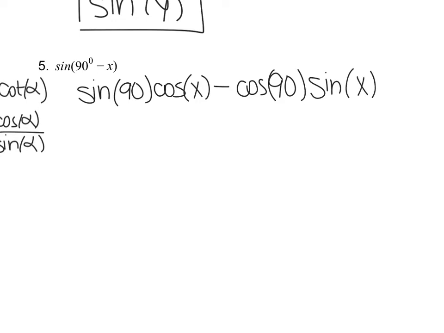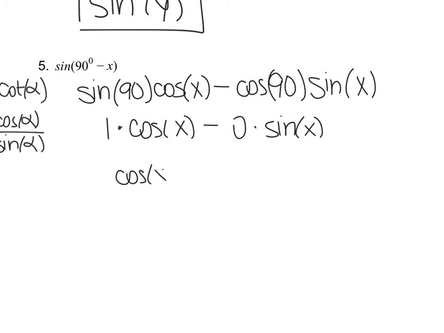So sine of 90, from the unit circle, sine is always the y coordinate, so we get 1 times cosine of x minus cosine of 90 is 0 times sine of x. 1 times cosine is just cosine of x, and then the 0 times sine of x is just 0, so our final simplified expression is cosine of x.